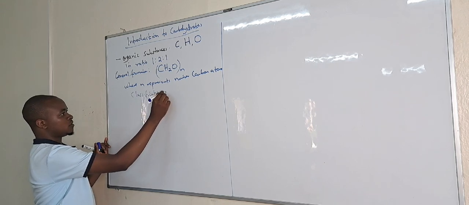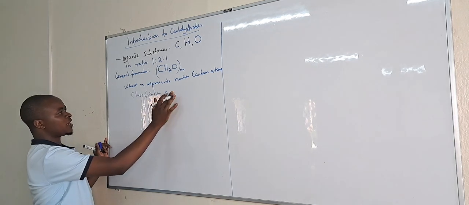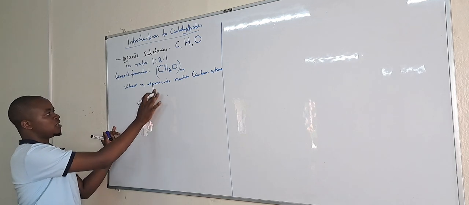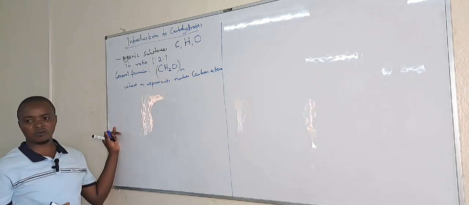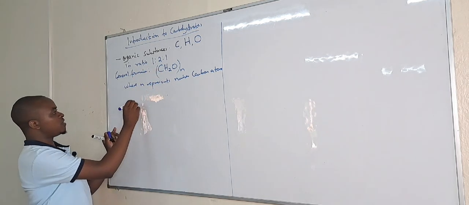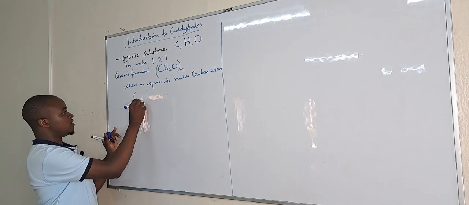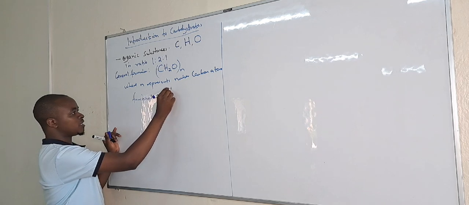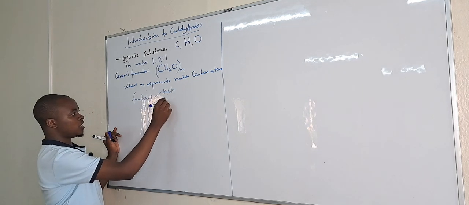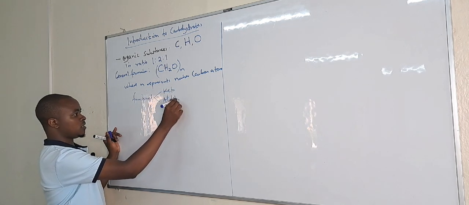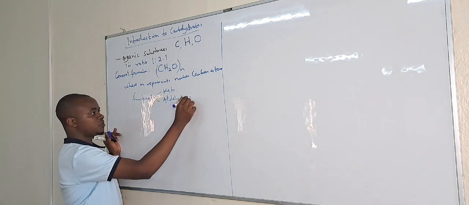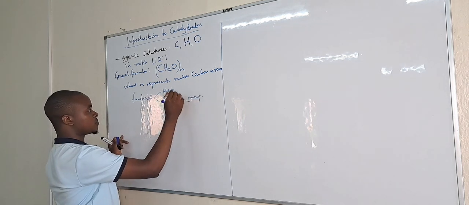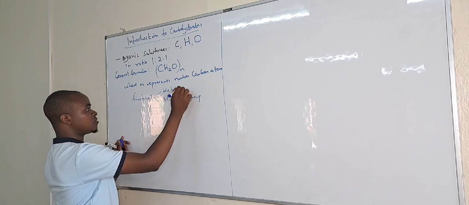Classification of carbohydrates. But before classification, we can look at what is composed in this formula. We know that these carbohydrates have functional groups in them. They can either have a keto group or an aldehyde group, or they can have a ketone group.